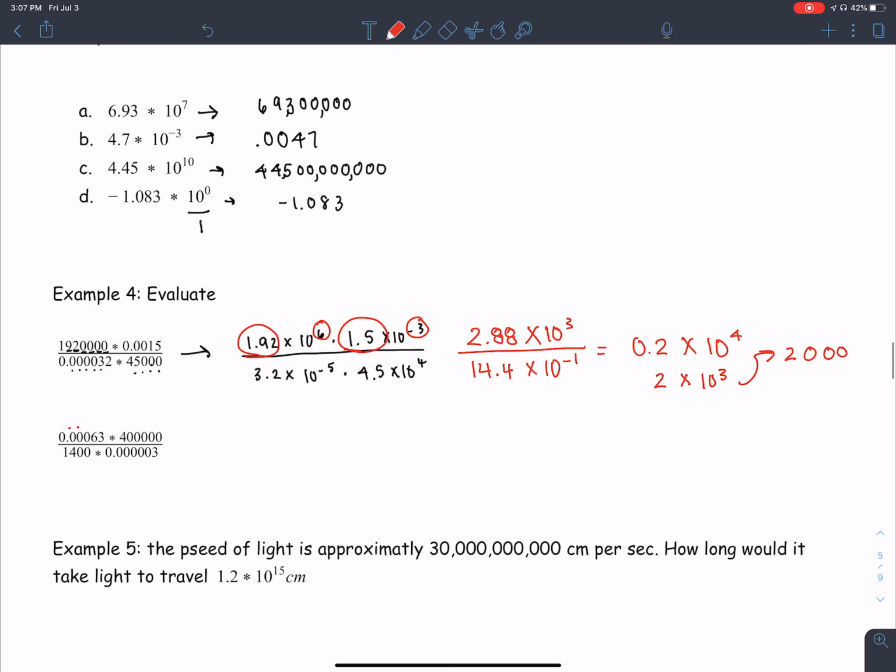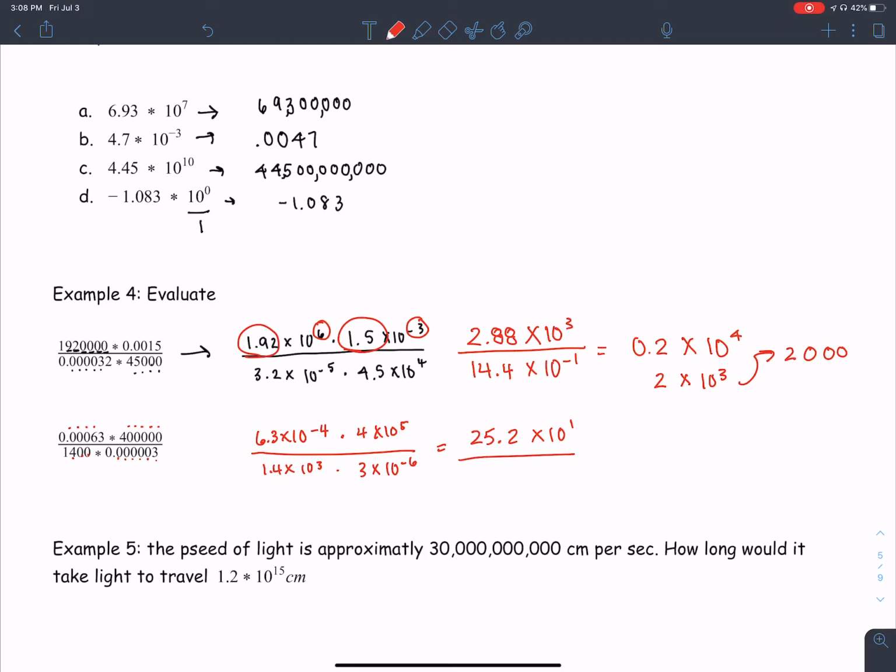So 1, 2, 3, 4. So 6.3 times 10 to the negative 4 times 1, 2, 3, 4, 5. 4 times 10 to the 5th. Then 1.4 times 10 to the 3rd times 1, 2, 3, 4, 5, 6. 3 times 10 to the negative 6th. So we're going to do 6.3 times 4. That gives me 25.2 times 10 to the 1st.